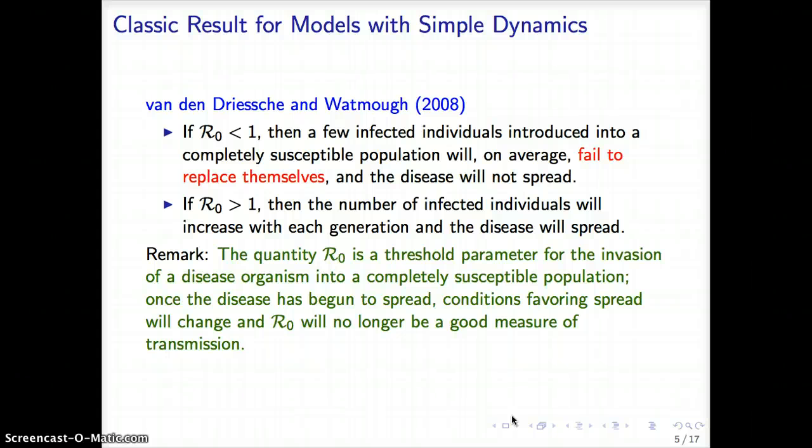This idea of R naught applies exactly in that window of time when the invasion is being attempted. But once the disease has begun to spread, the conditions favoring the spread will change, and R naught is no longer a good measure of transmission. Instead, one must turn to other quantifications of transmission that are indeed time dependent.